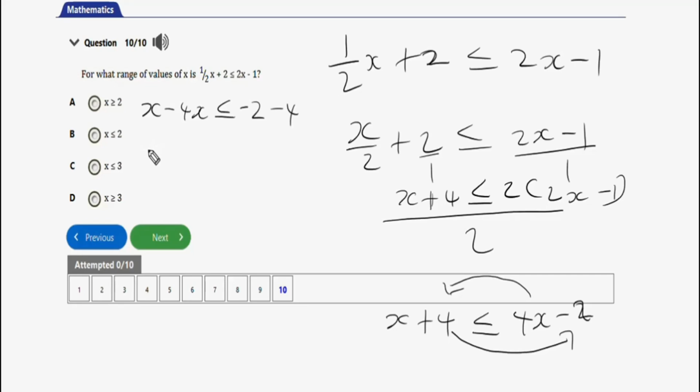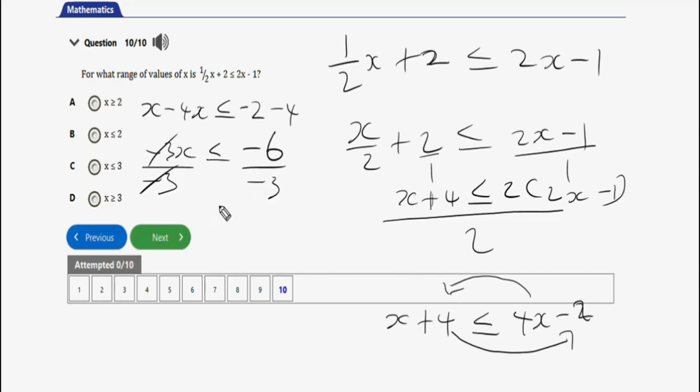So we now have minus 3x is less than or equal to minus 2 minus 4 will give you minus 6. So divide both sides by the coefficient of x, which is minus 3. The coefficient of minus 3x here is minus 3. Then we have minus 3.